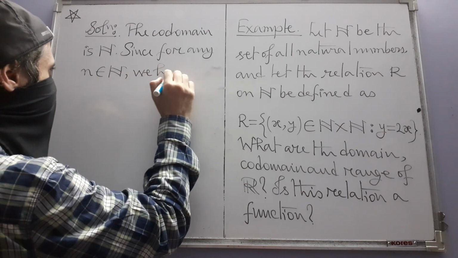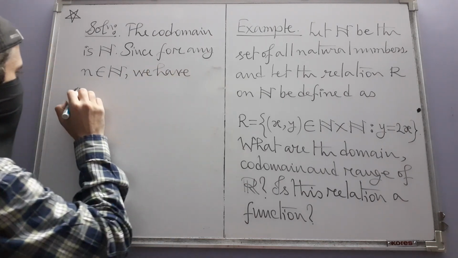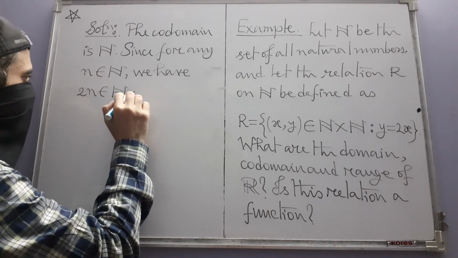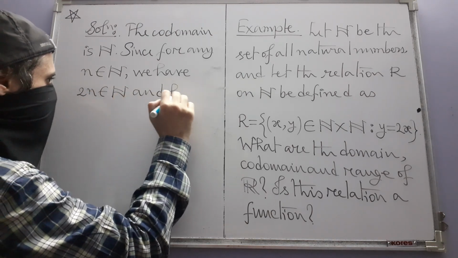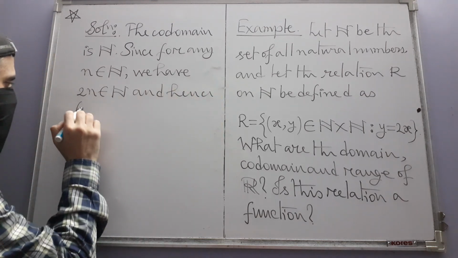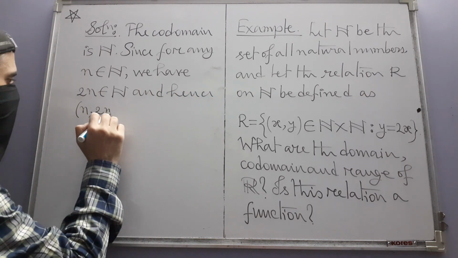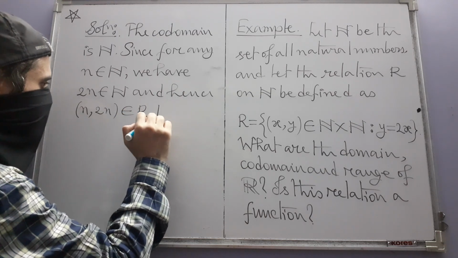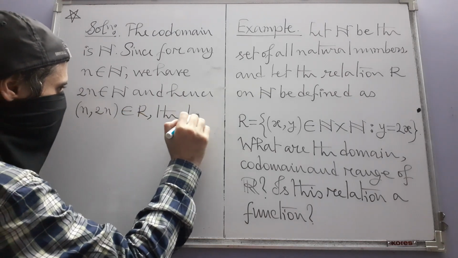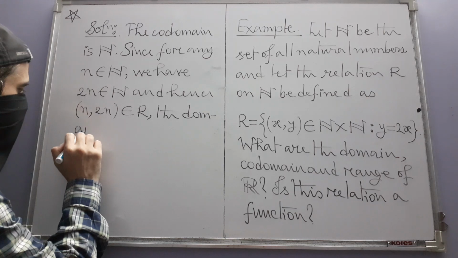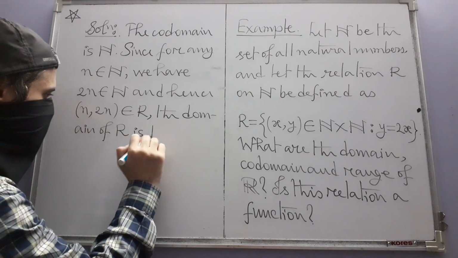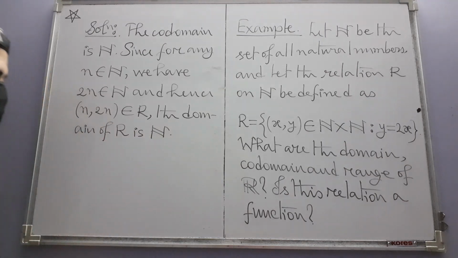We have 2n also in N, and hence (n, 2n) belongs to R. Because of this, the domain of R is N.